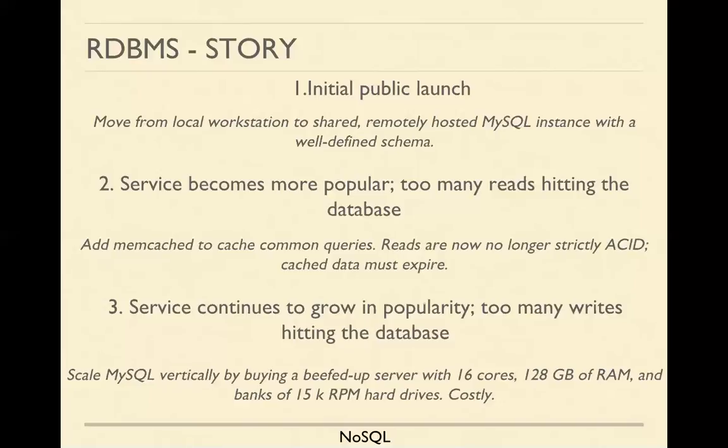Isolated means if two people are trying to make changes to two different things, it should not mess up each other. That's isolation. So the cache data must expire, and there is always a time delay between modified and the one that's being served.